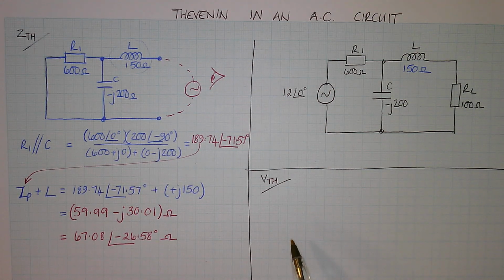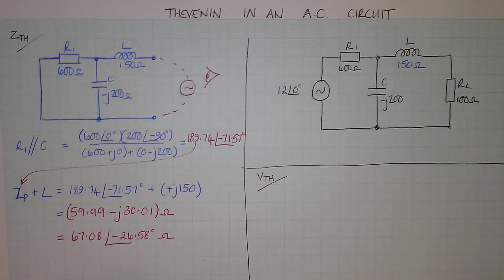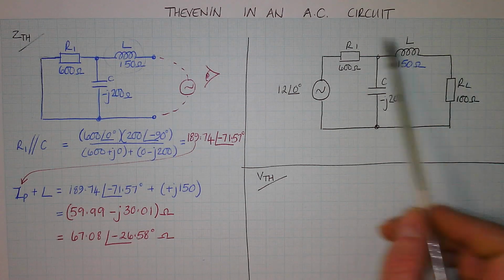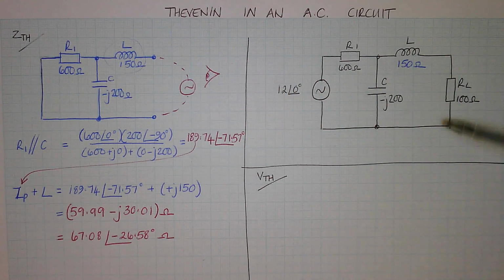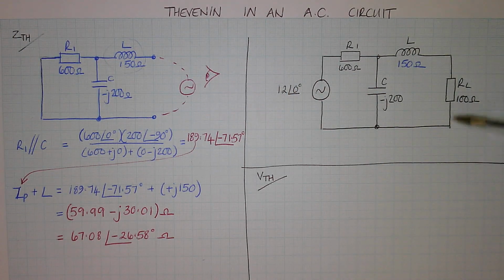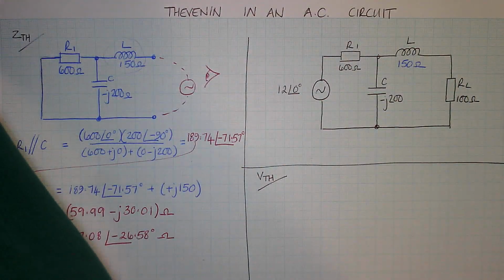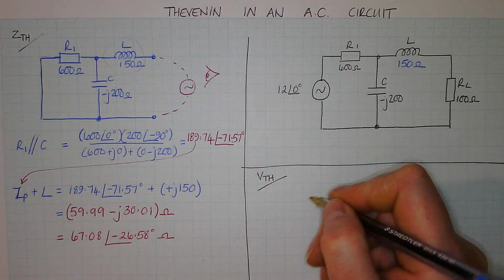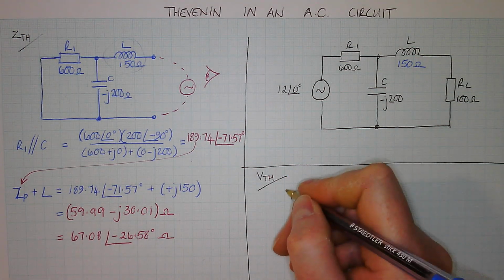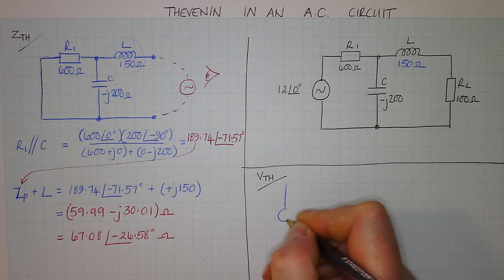So your other task is to do your V Thevenin. So your V Thevenin, if you remember, you're going to redraw your circuit with your load removed and work out what the voltage is across the terminals where the component was removed. So that's your next step. I'm going to draw mine a little bit smaller just so I can fit everything in that I want to fit in.